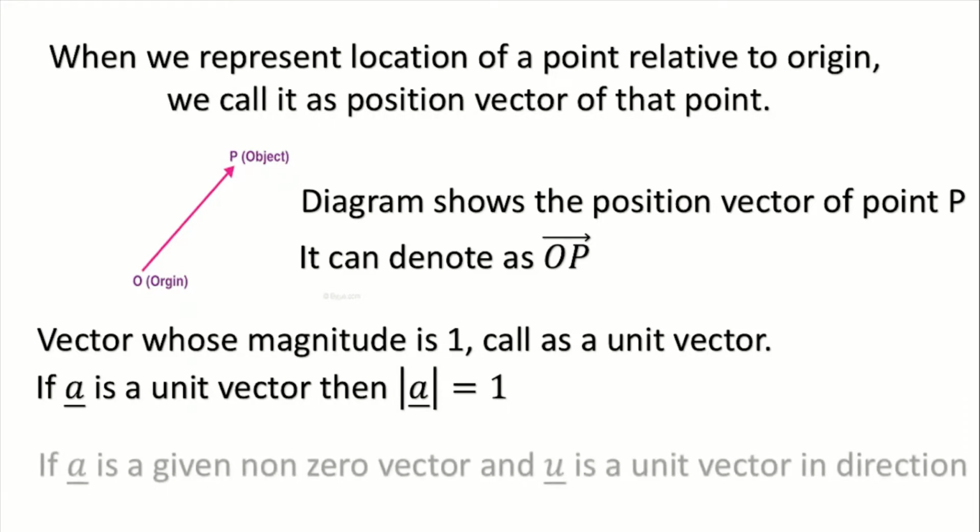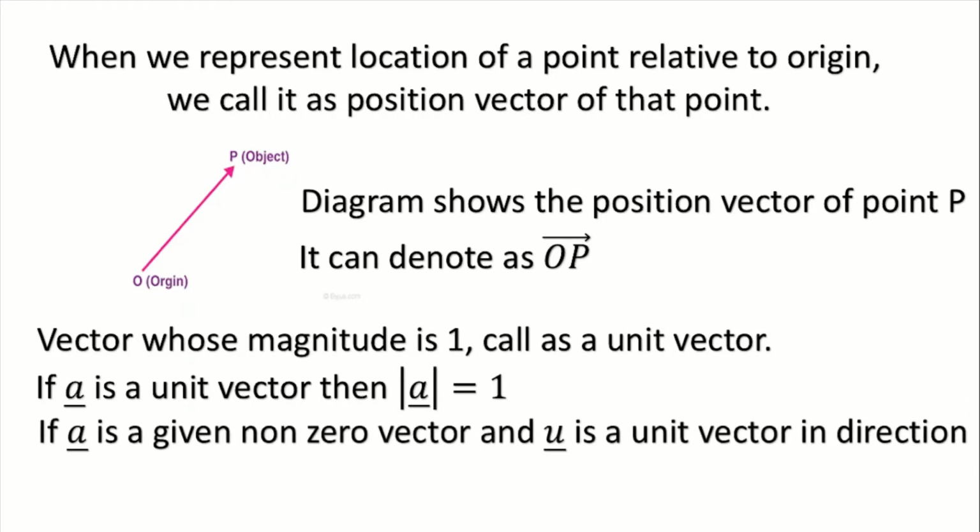If A is a given non-zero vector and u is a unit vector in the same direction, we can write the equation for the unit vector as u equals A divided by its magnitude. The unit vector equals the given vector divided by its magnitude. This is valid for any vector, and we can find the unit vector along the same direction.